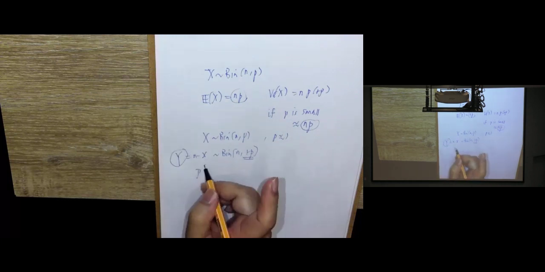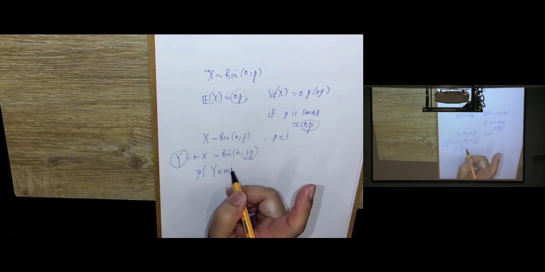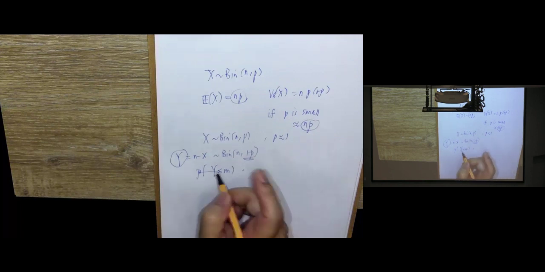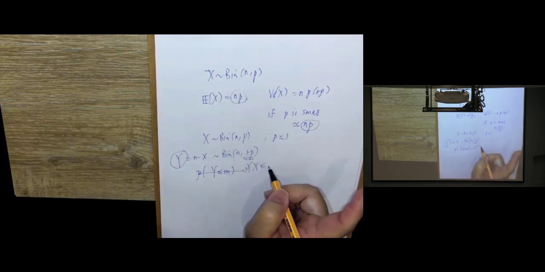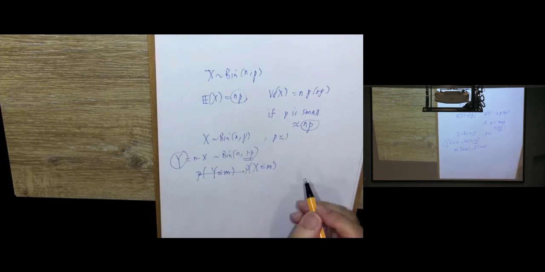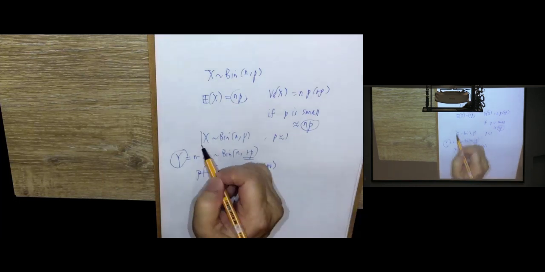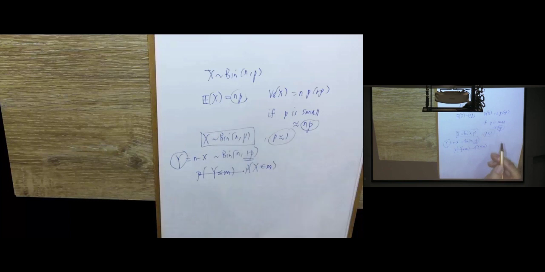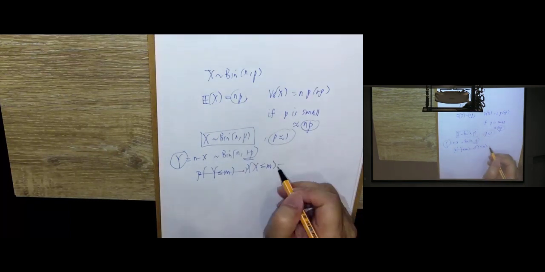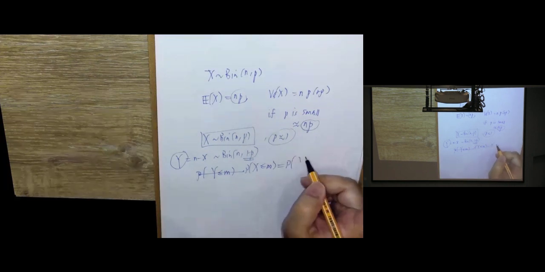So for example, you wanted to approximate X less than or equal to m, and under these situations, p is close to 1. You can't use Poisson approximations directly, but you can think of it this way.